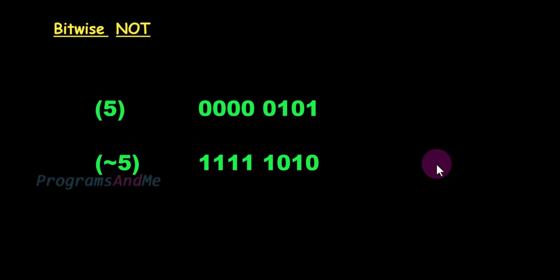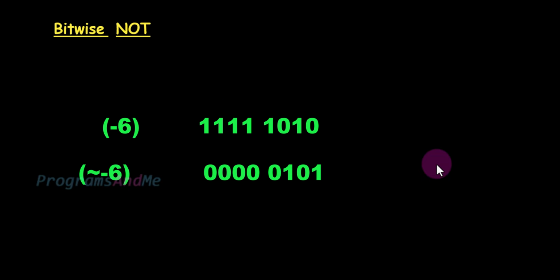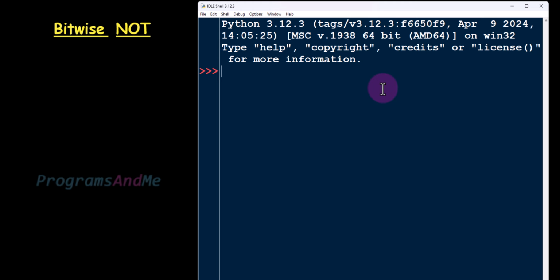Here we can see the binary representation of 5. Flip every bit. So this is actually the binary representation of -6. If I take a negative number like this, -6, flip every bit, then we'll get the result as 5. So here 5, output is -6.